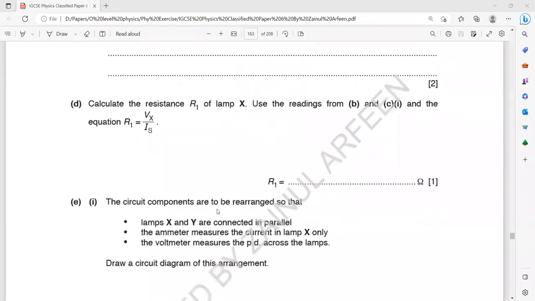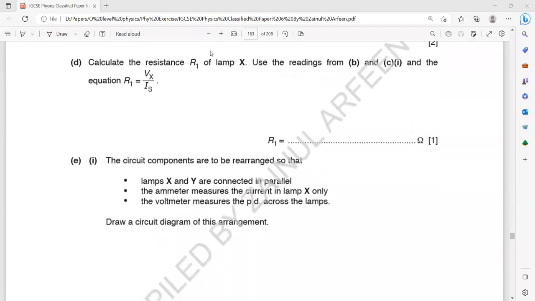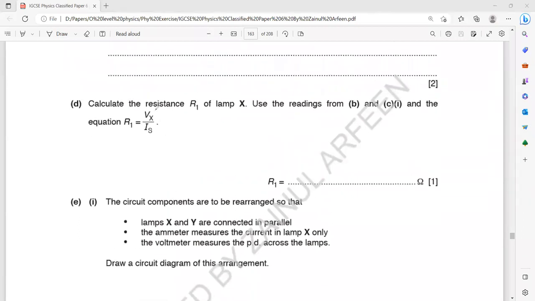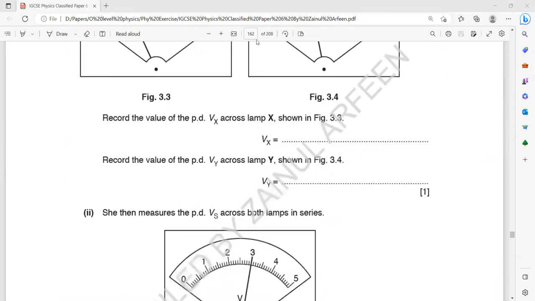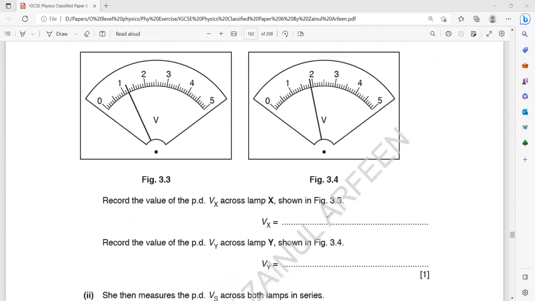Then the next part: calculate the resistance R1 of lamp X. Use your reading from B and C1. Look, for paper 6, you don't have to memorize any formula. You just have to use the variables which are given. So we have to divide Vx by Is. What was Vx? Vx was 1.2. And what about Is?